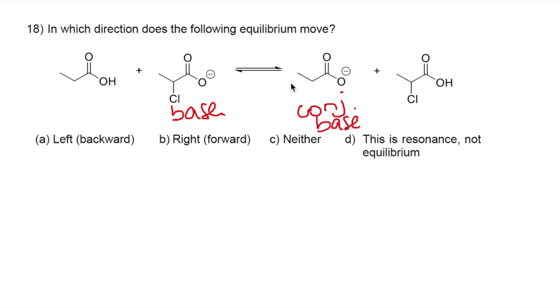So if we do that, we see that this one right here is going to be more stable because that Cl is pulling electron density away from the negative charge. So that's stabilizing the base, so it makes it the weaker species of the pair, and that's why the equilibrium will go backwards. The answer is A.